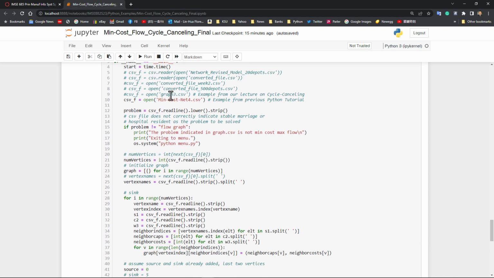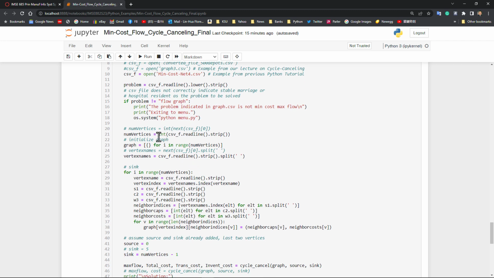Going through, it loads the minimum cost flow CSV file and determines the number of vertices, which is the number of nodes. Then it reads in the range of each one of the vertices. The vertex names I'm going to separate by a blank space right here.